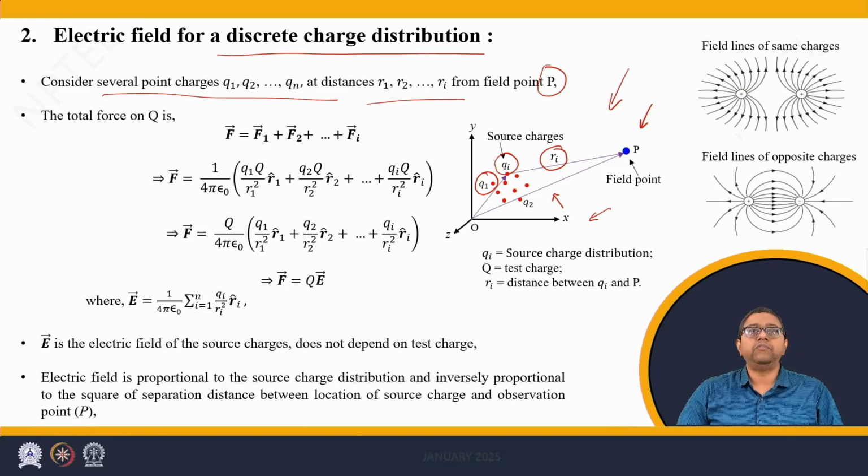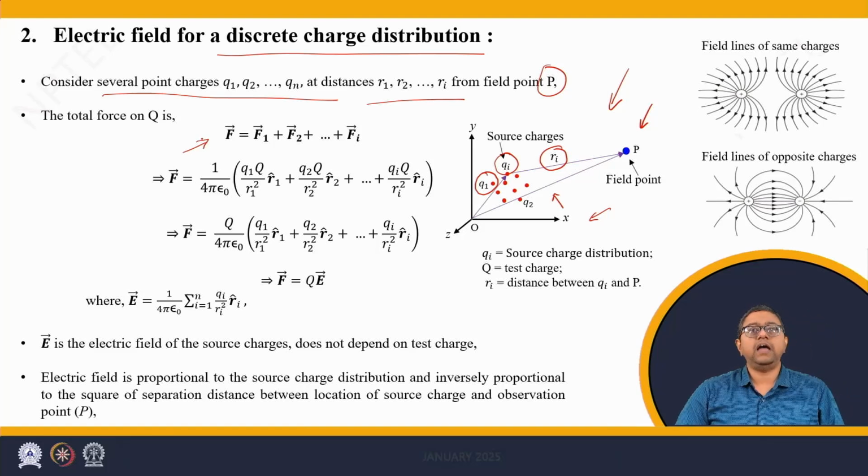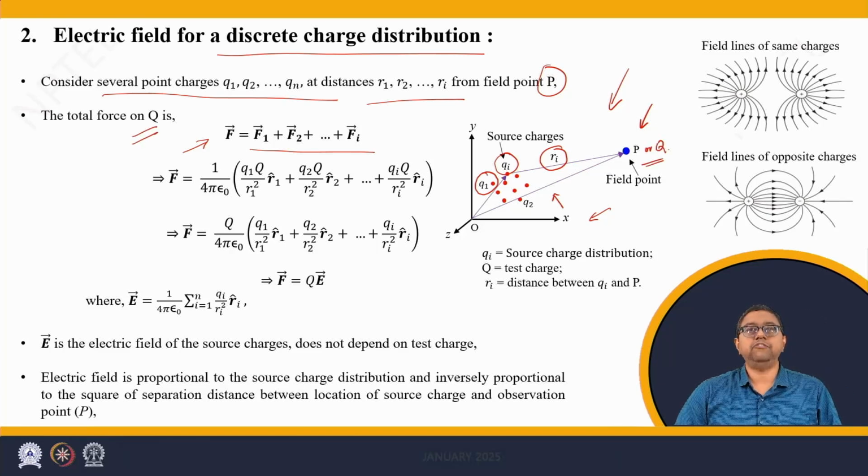With this in mind, we can look into the total force as F vector equals F1 vector plus F2 vector and so on. These are the individual electric force fields which are produced by the individual point source charges on the field point Q. We have used P and Q interchangeably here.